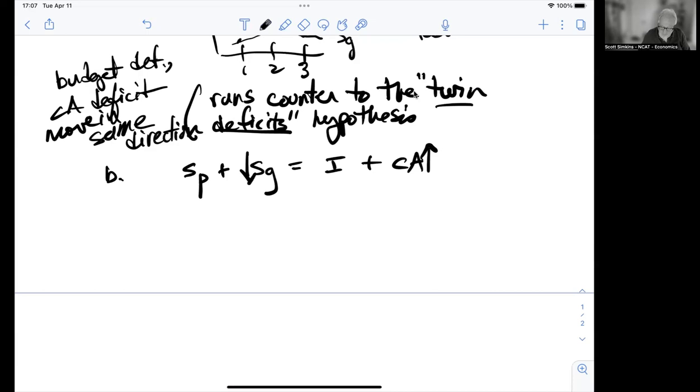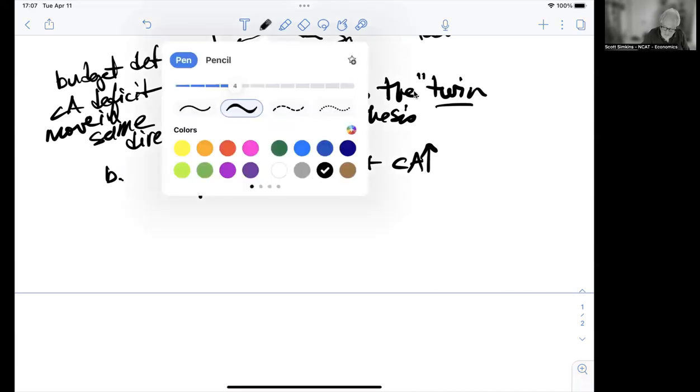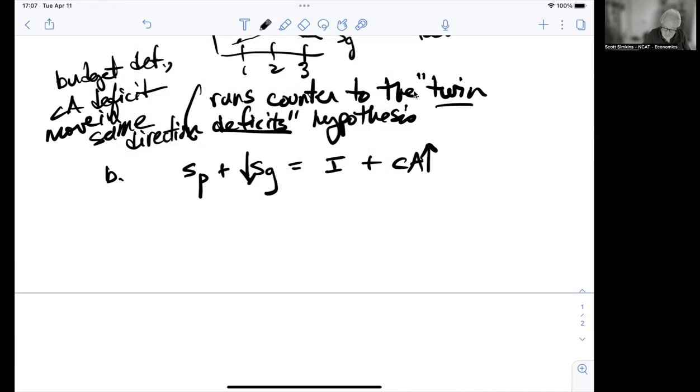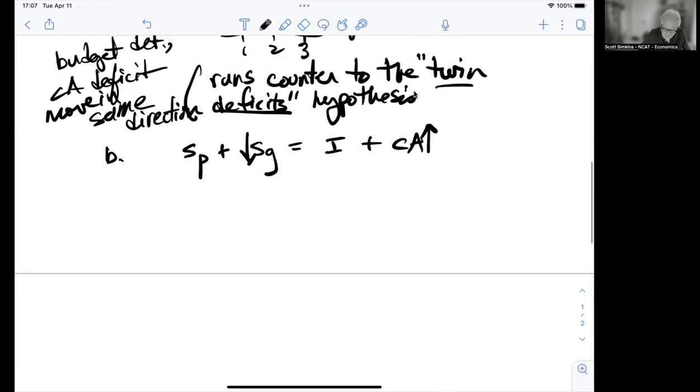So something's got to be going on somewhere else. Either private saving has gone up enough that it offsets the decline in government saving, or investment is falling a lot, so that the right-hand side of the equal sign is declining.